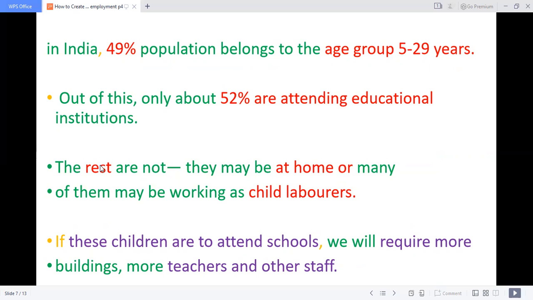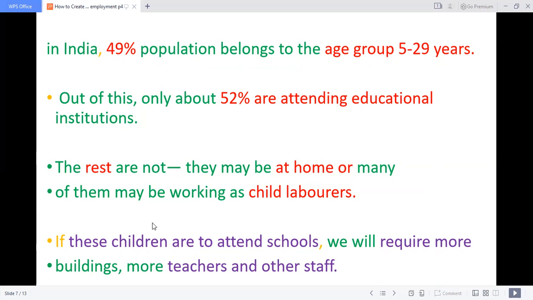So half of the children are staying at home or working as child laborers, because they are not educated, they are not permitted by their parents to go to school, or they may not have been provided better educational institutions.